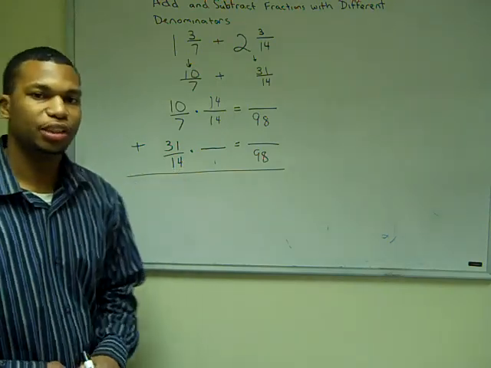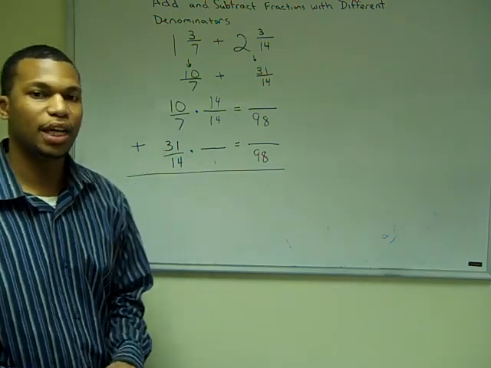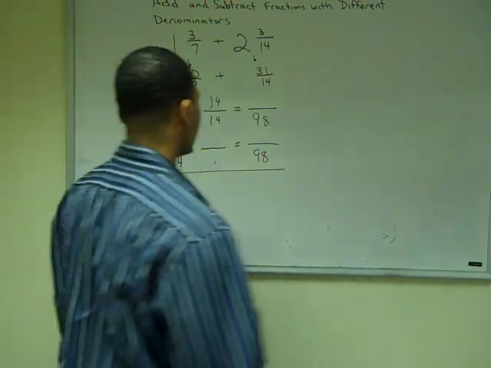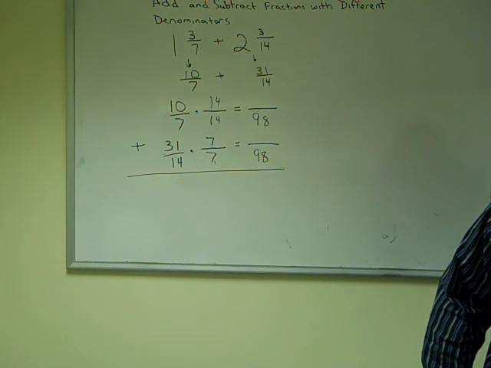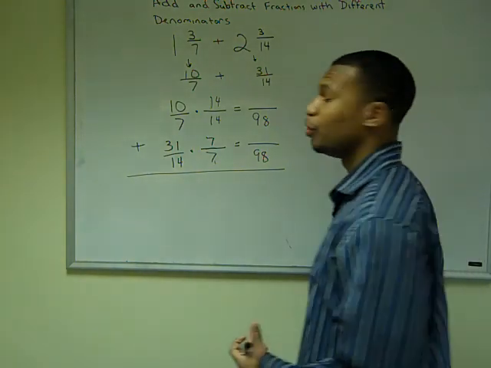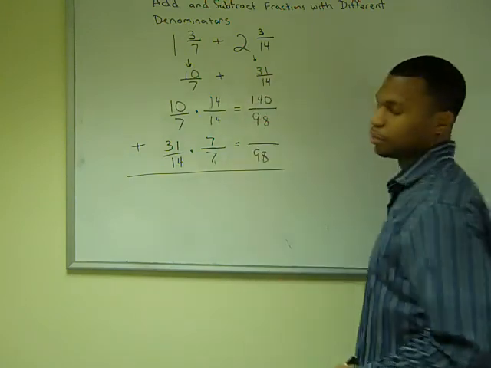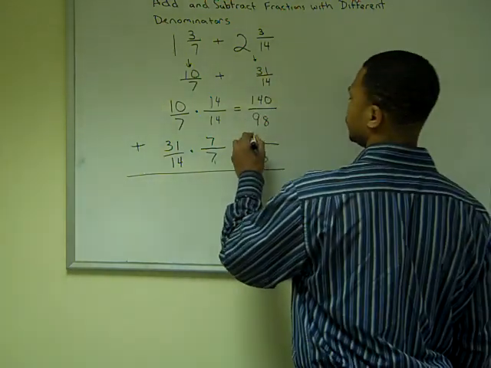In our bottom fraction, we multiply 14 by 7 to get 98. So therefore, we're going to multiply by the 1, 7 over 7. Ten times 14 is going to give us 140. And 31 times 7 is going to give us 217.